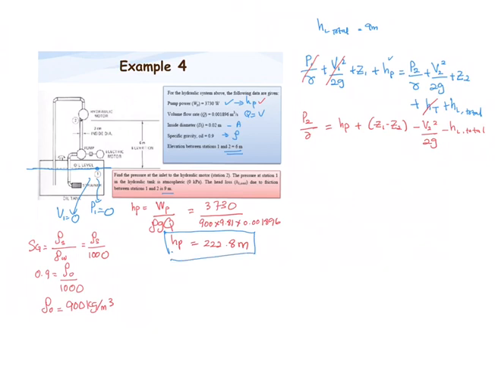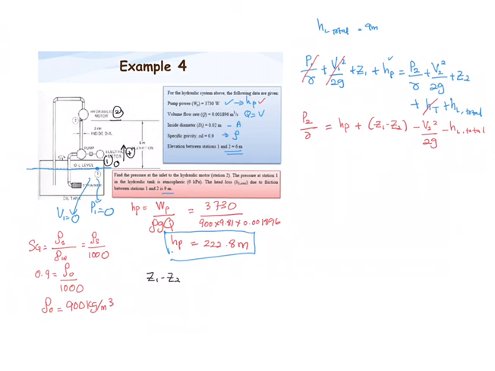Now we calculate Z1 minus Z2, the elevation difference between 1 and 2. If we assume level 1 as 0, going upward until level 2, this is level 2, this is level 1, it will become positive.